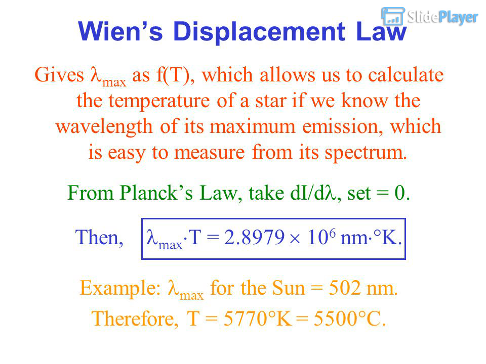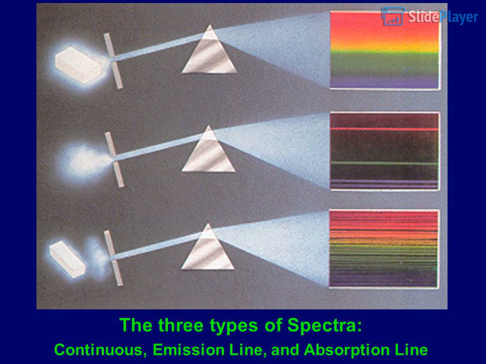From Planck's law, take d/d lambda, set equal to 0. Then lambda max equals 2.8979 times 10 to the 6 nm K divided by T. Example: lambda max for the Sun equals 502 nanometers. Therefore, T equals 5770 K, or 5500 C.